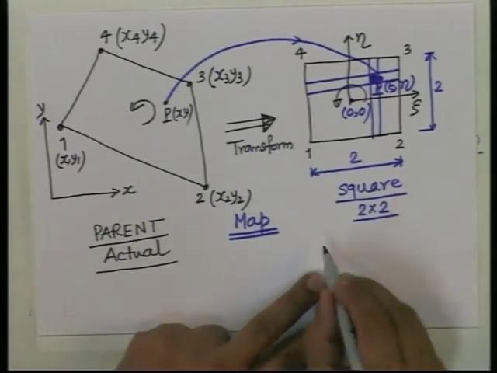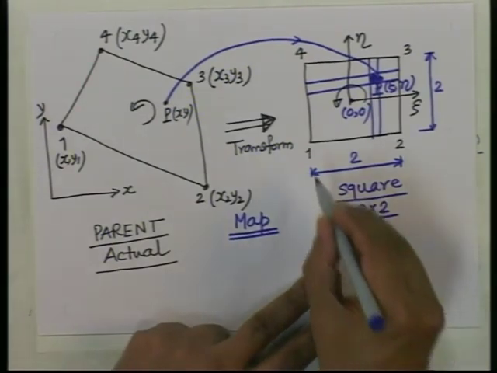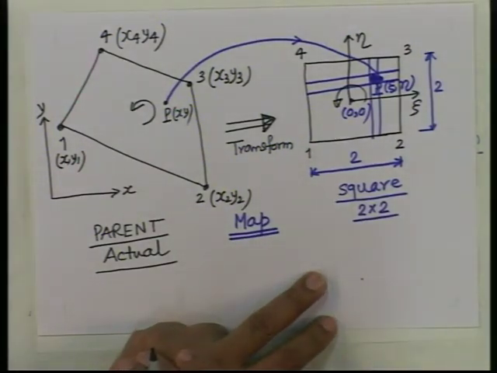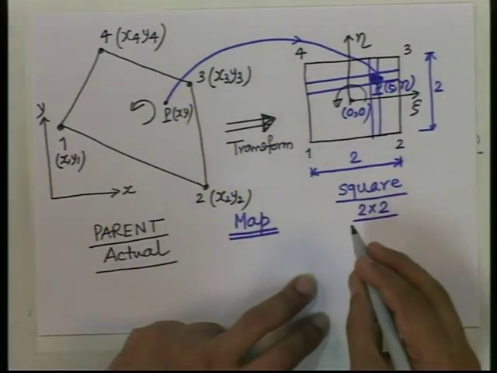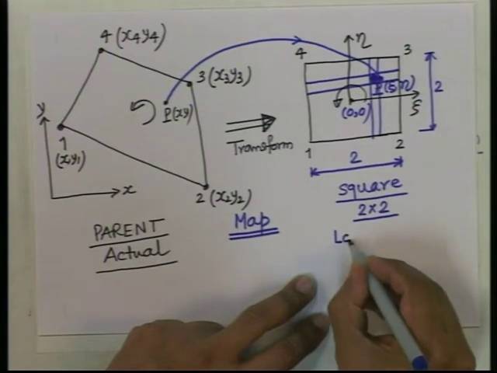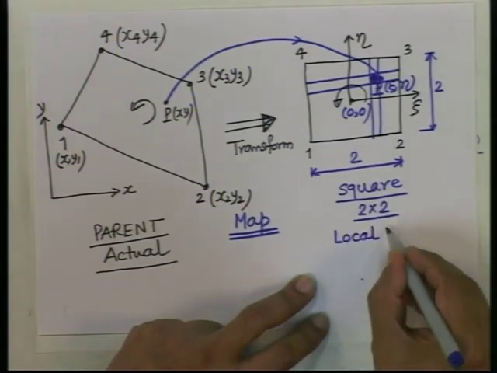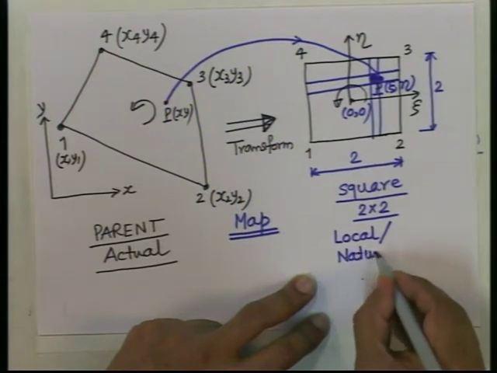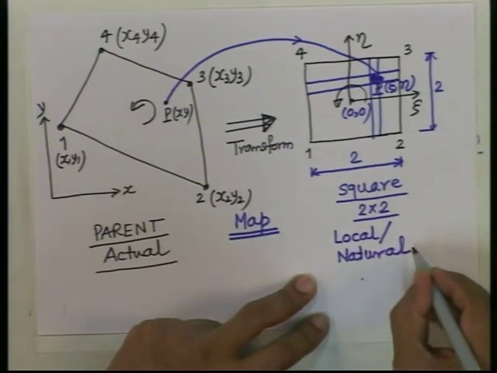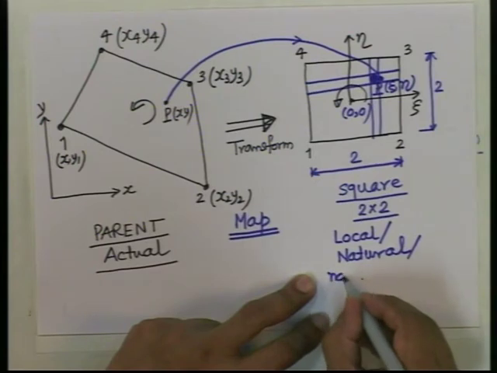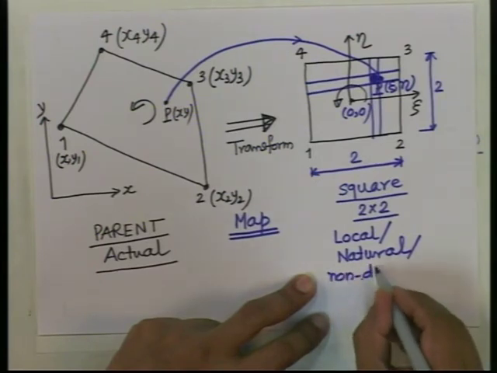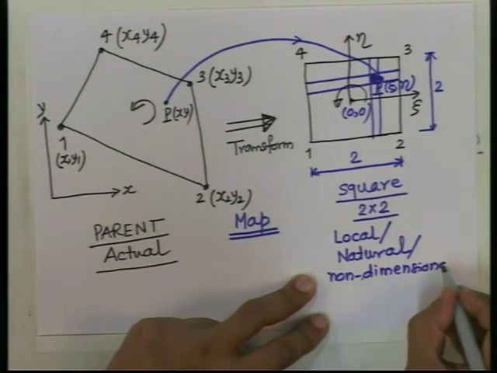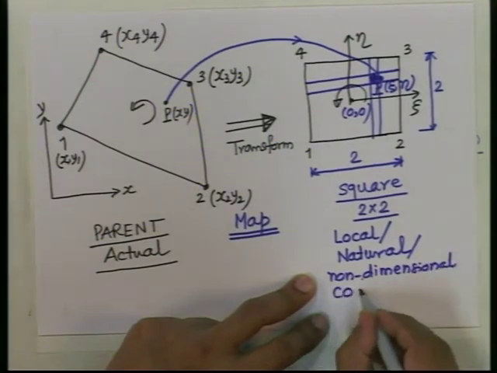This we call the natural coordinate, local, natural, non-dimensional coordinate.